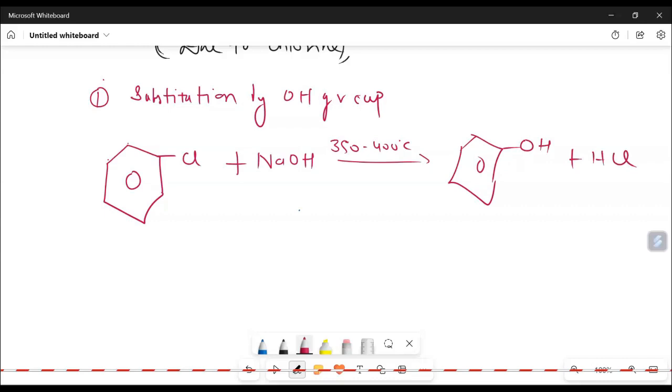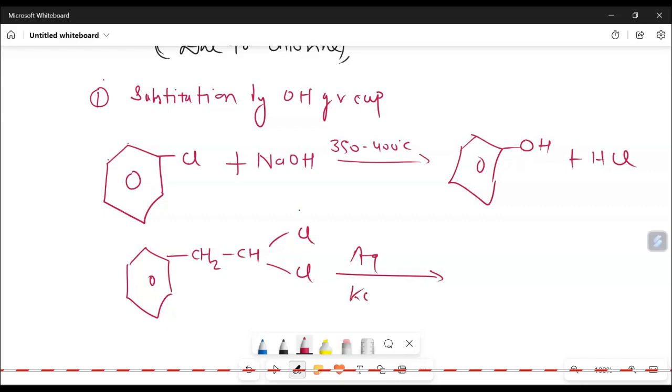Second reaction you can write down, suppose you have CH2 CHCl2, in the presence of aqueous KOH, it will again form, remember this reaction is very important.